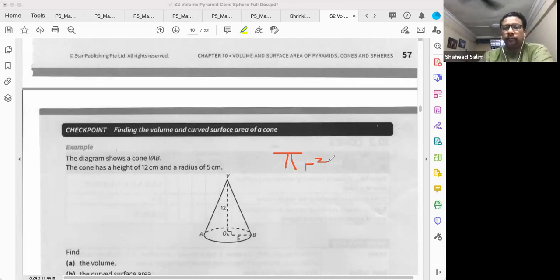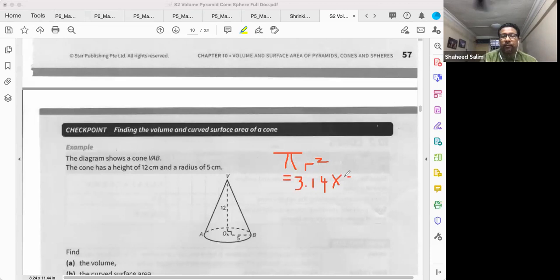Well done, Shafi'i. So find the base area first. 3.14, pi r squared, right?